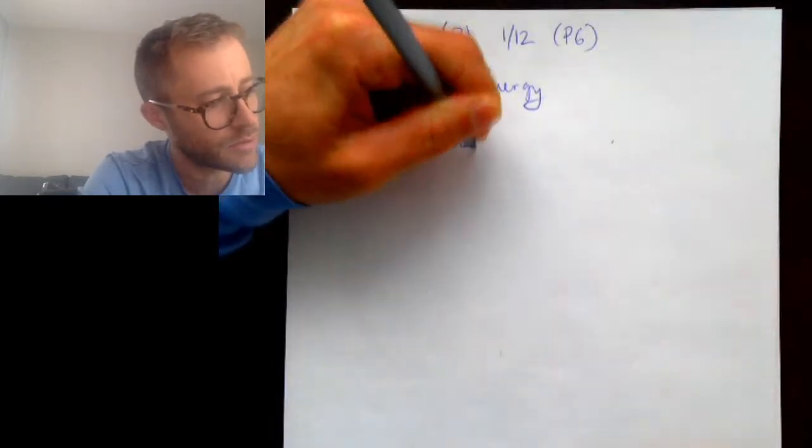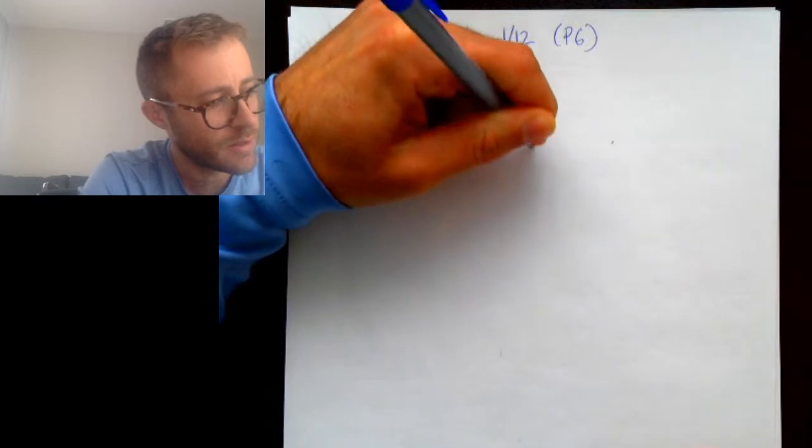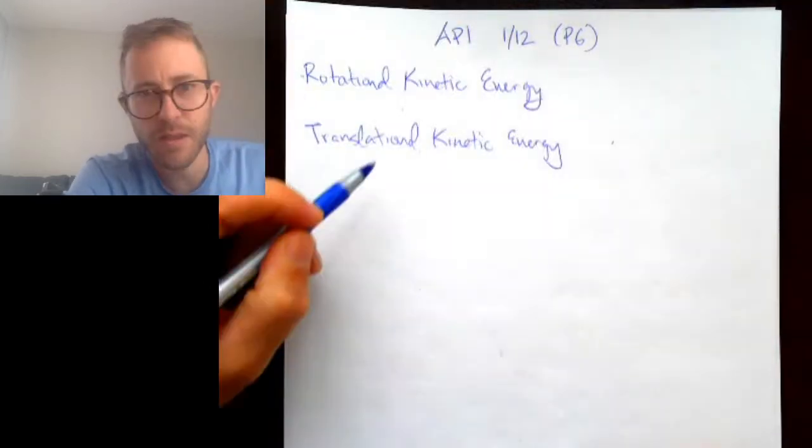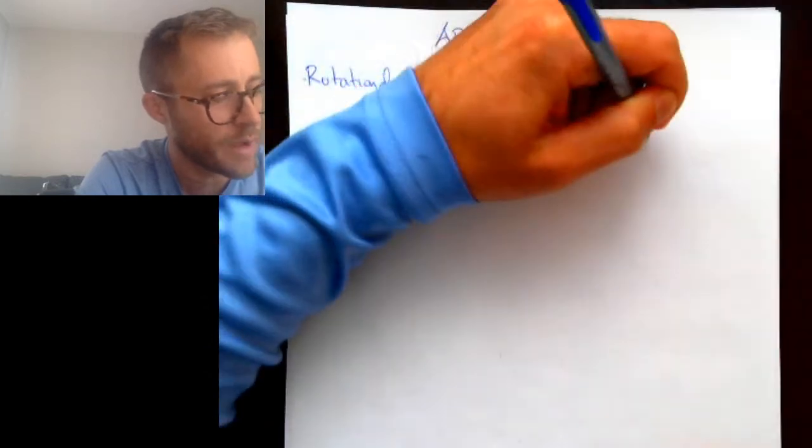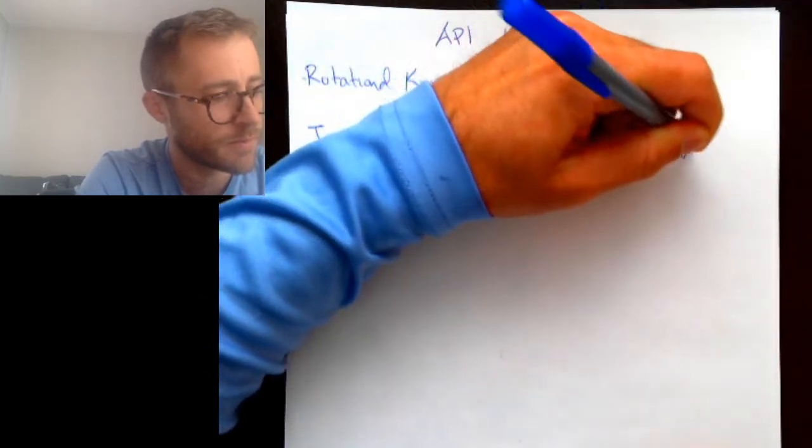Translational kinetic energy is the kinetic energy that you know about. That's the 1/2 mv squared.